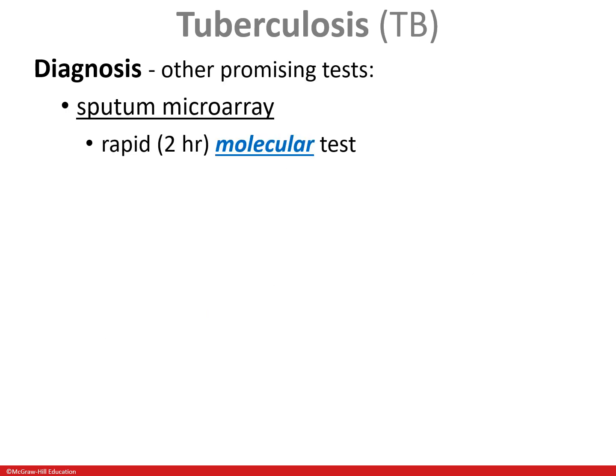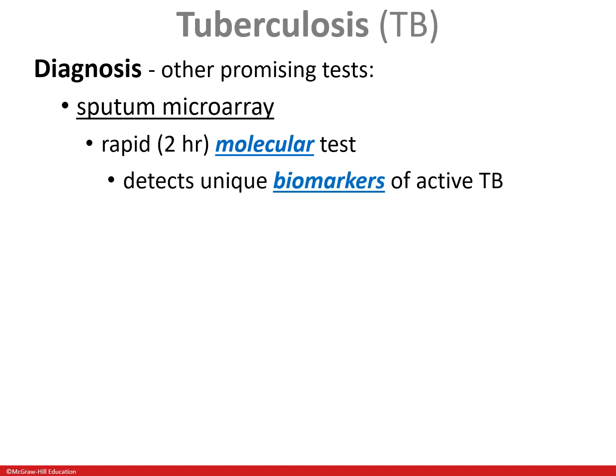So because of the difficulty with this disease, there has been a lot of research on different tests, trying to get one that's a molecular test, very fast, and much more specific, which would be a microarray. If you recall from chapter 15, we talked about some of those types of tests. So a sputum microarray test does a couple of things.